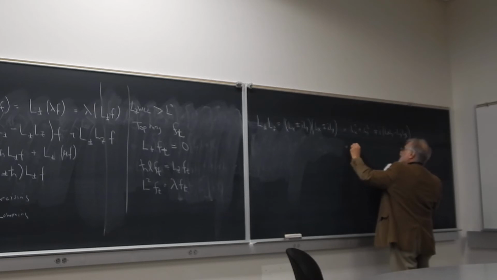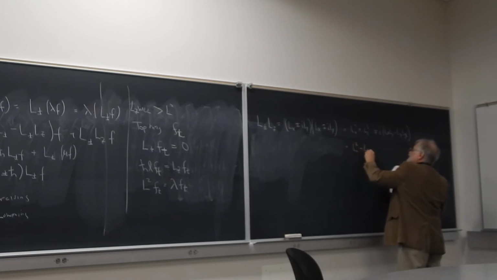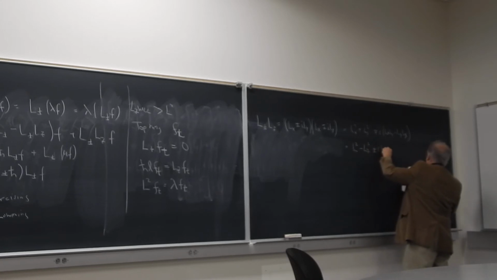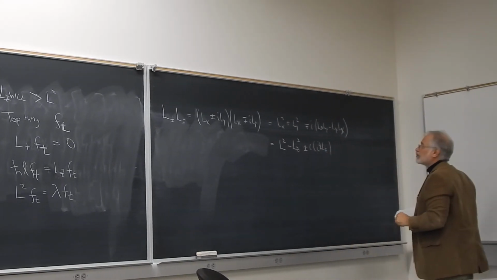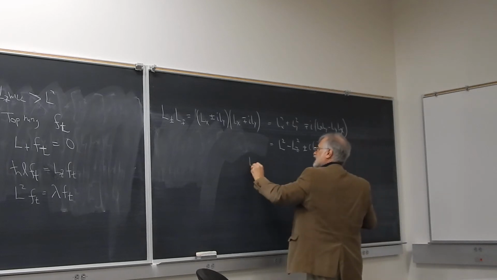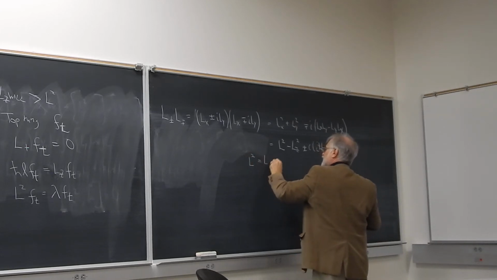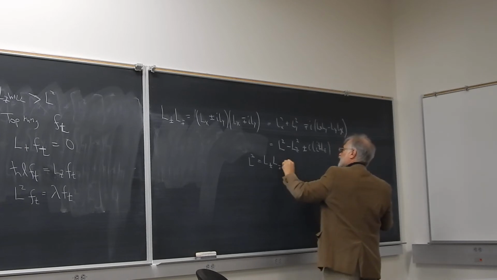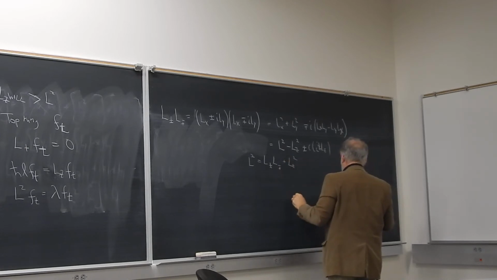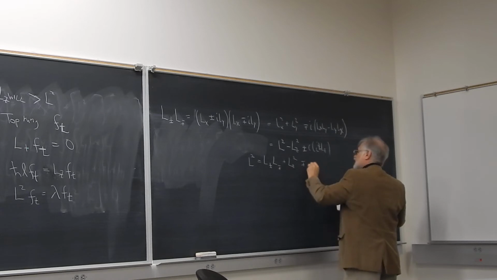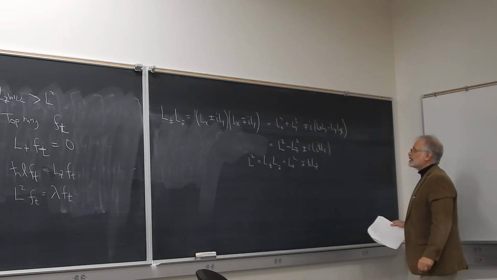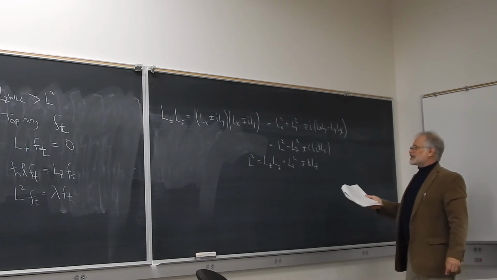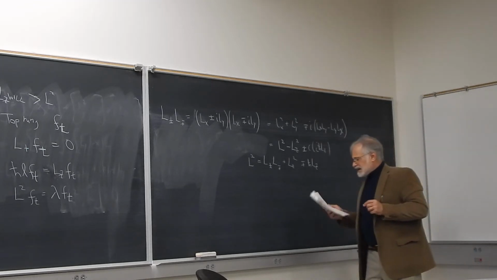Which I can write very conveniently as L squared minus Lz squared plus or minus i times iħ Lz. Another way of saying this is L squared then is equal to L plus/minus L minus/plus plus Lz squared minus or plus ħ Lz, right? i times i is i squared. Minus goes to a plus goes to a minus.